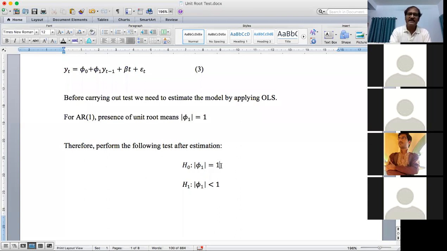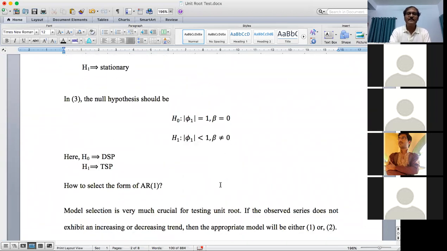Null hypothesis indicates non-stationary with unit root, alternative indicates stationary. But in the case of 3, the null hypothesis indicates presence of unit root with no deterministic trend. Alternative hypothesis states absence of unit root with deterministic trend.